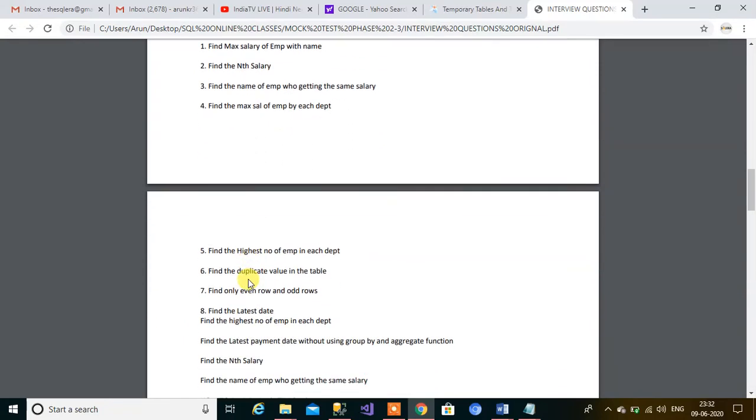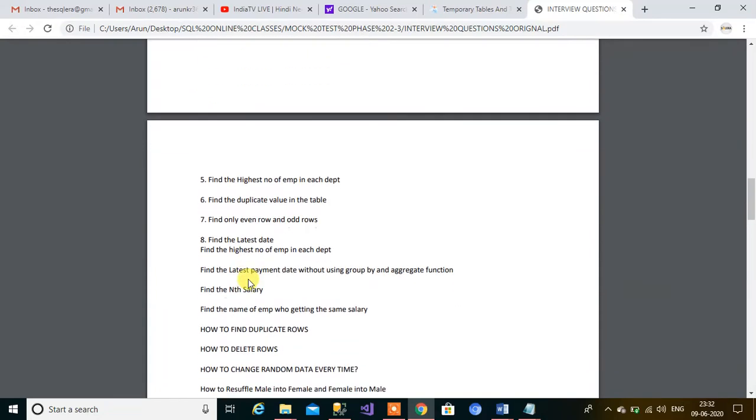In these queries, you can apply all concepts related to SQL, ranking functions, group by and so on, and with the help of that you can solve them.